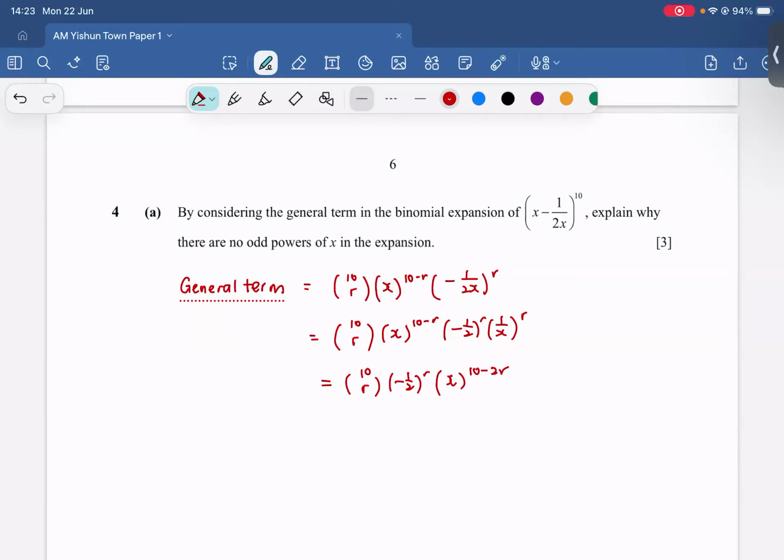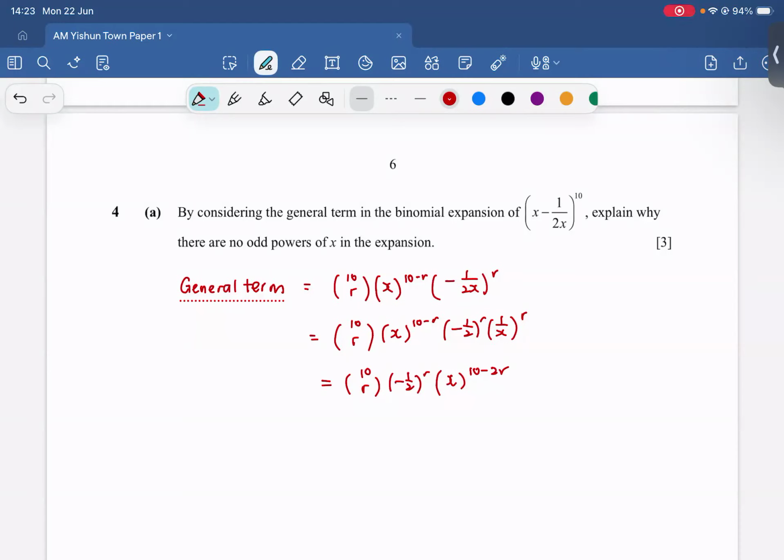So the question now is asking to explain why there is no odd power. So we have to see what is the power of x. Then we can explain why there is no odd power. So what is the power of x that we have? Our power of x is 10 minus 2r.